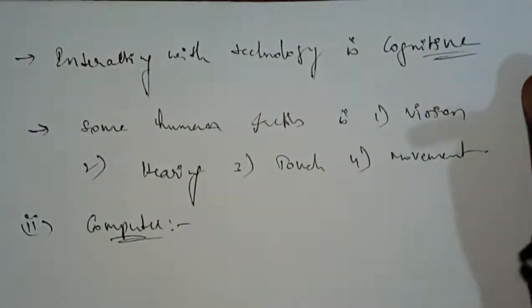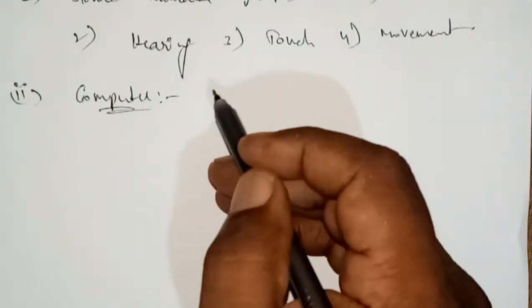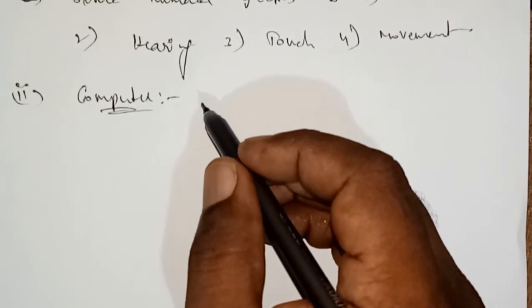The second one is computers. As you know, a computer is an electronic data processing machine which can take input, process it, and give output in a predefined manner.